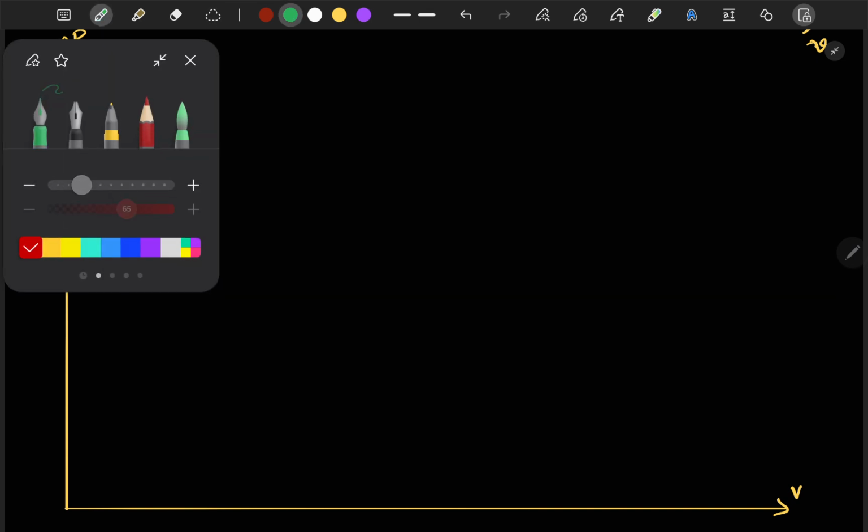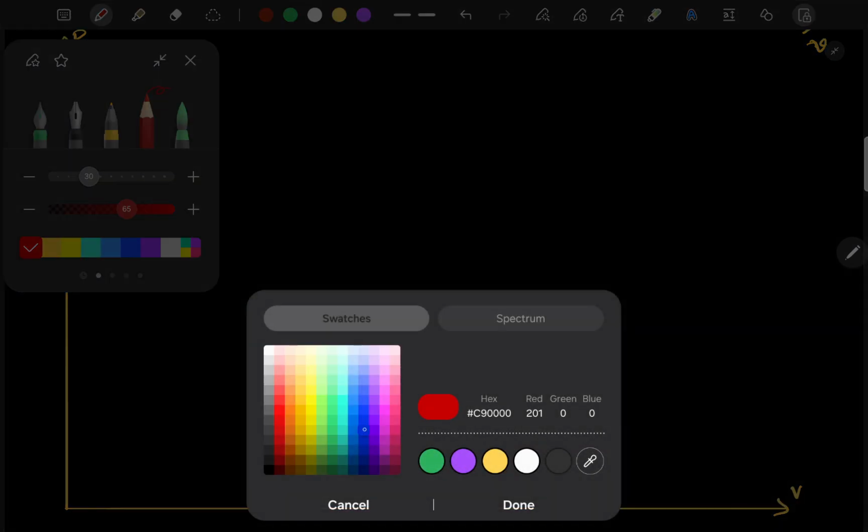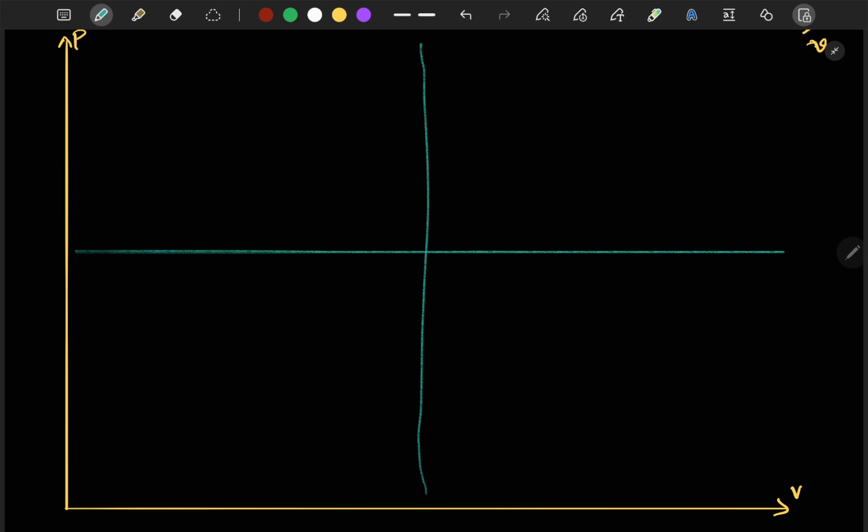Let's wait for a bit. Let me take a pencil, and let the pencil color be done. Let's say this is the reference line here, and there is one more reference line here.